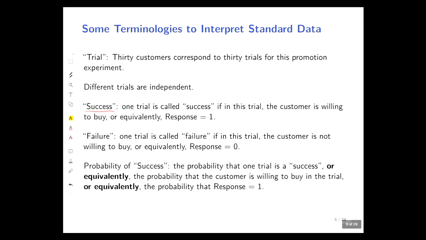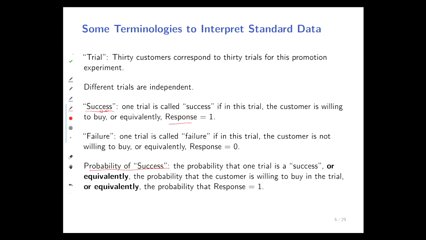And also, because we have the fact of success, we can have the probability of success. What's the meaning of probability of success? Basically, we use the meaning of success to interpret it.